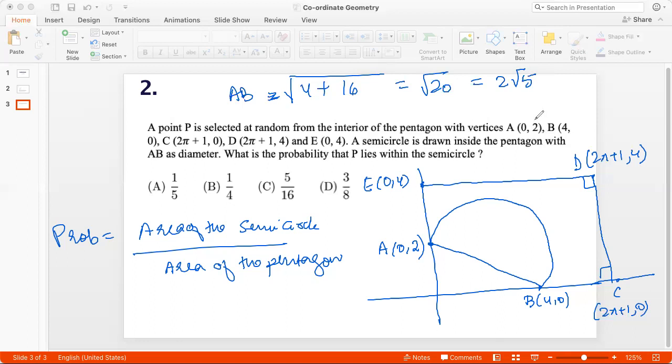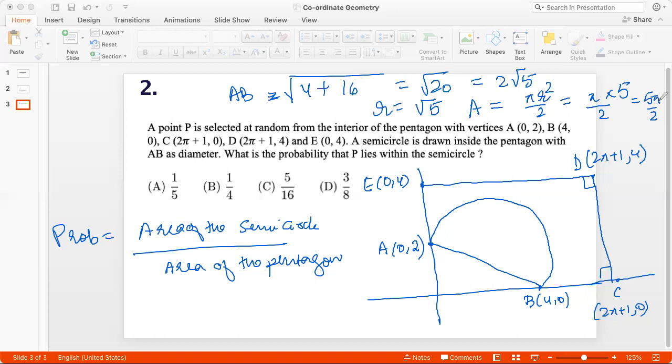So AB is the diameter, and the radius of that semicircle will be root 5. And the area of the semicircle would be pi r squared by 2, which is pi into 5 by 2, or 5 pi by 2. So that is the area of the semicircle.